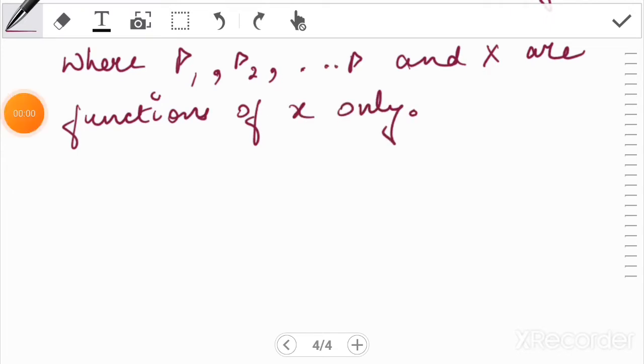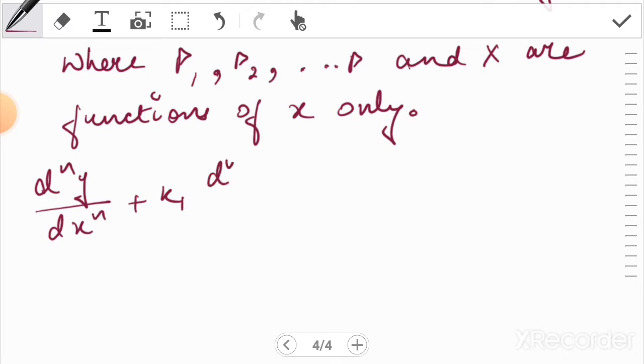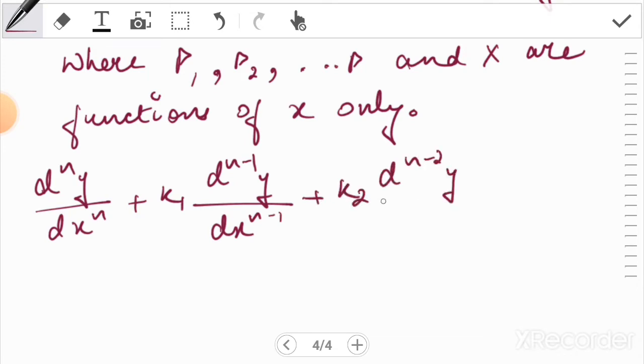Linear differential equations with constant coefficients are of the same form, where I replaced p1, p2 and pn by k1, k2 up to kn, right?